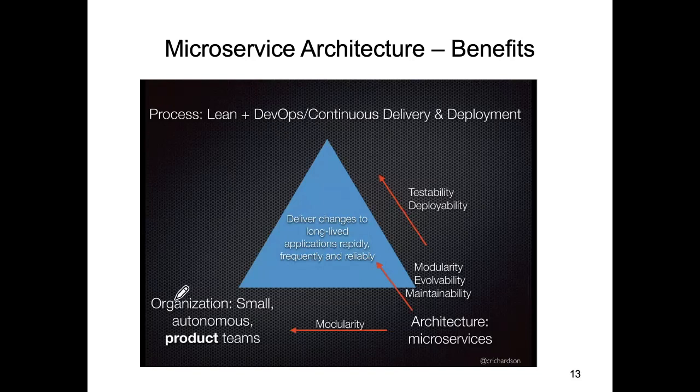In terms of the organization of our software engineers, because we now assign each microservice to a small team that can evolve that service independently of other services, then we kind of satisfy this objective down here. So it looks like the microservices architecture aids our process and also aids our organization.